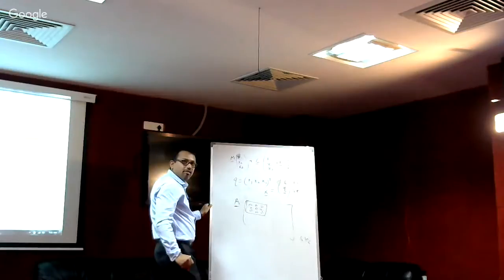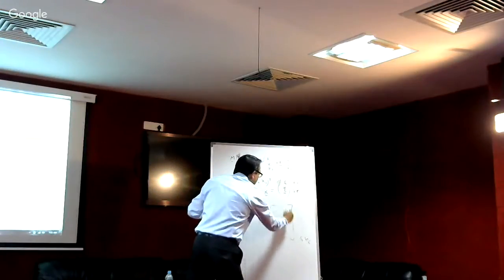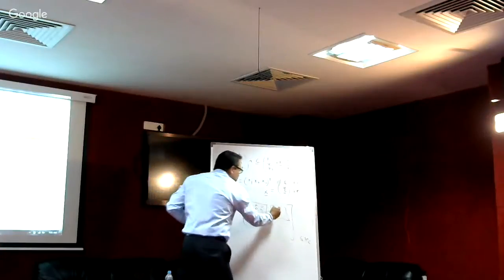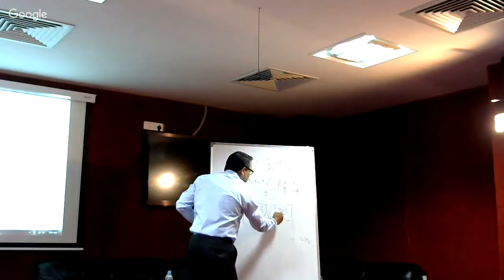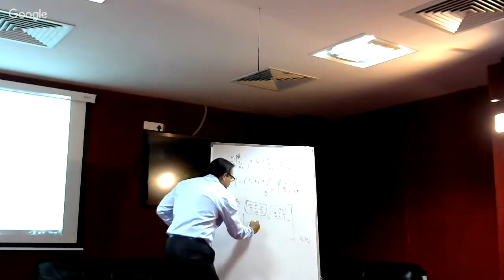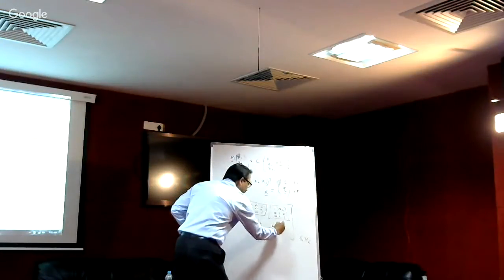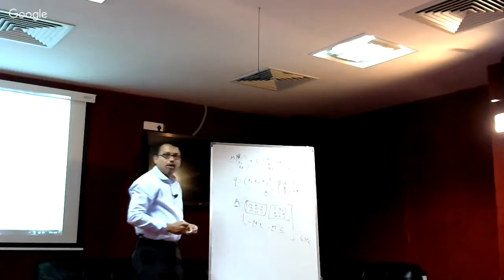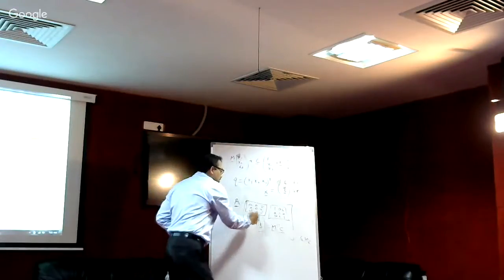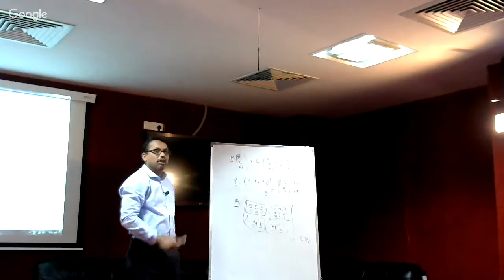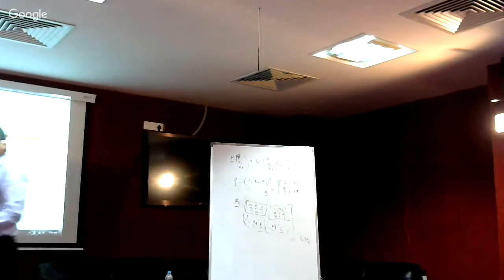This is a matrix. Next 3 by 3 is the identity matrix of a size 3 by 3. So it's 1, 0, 0. Here it is inverse MK. Then this is again a 3 by 3 matrix. This will give you 6 by 6 matrix.